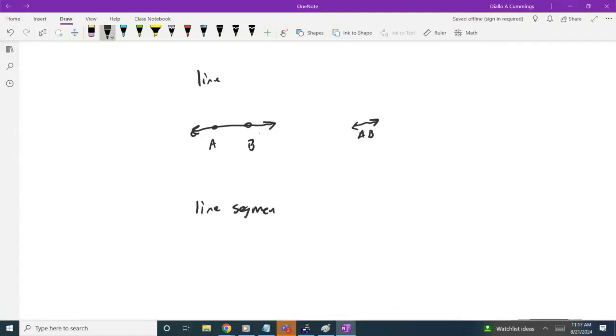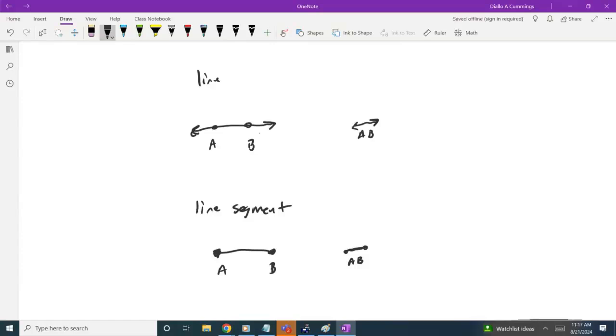It has two endpoints. So notice for this line segment, I don't see the two arrowheads, I see two endpoints, right? So this is a line segment. And normally you're going to see it written like this.